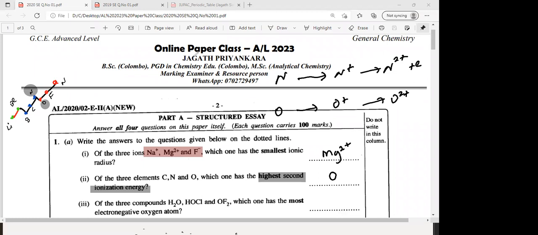So the second ionization energy means removal of an electron from N plus and O plus. If you write the configuration, s2p3 becomes s2p2 and s2p4 becomes s2p3. Remember, removal from p3, the half-filled configuration, is more difficult than from p2. They are in the same period. Therefore, from p3 it's more difficult than from p2. Understood?